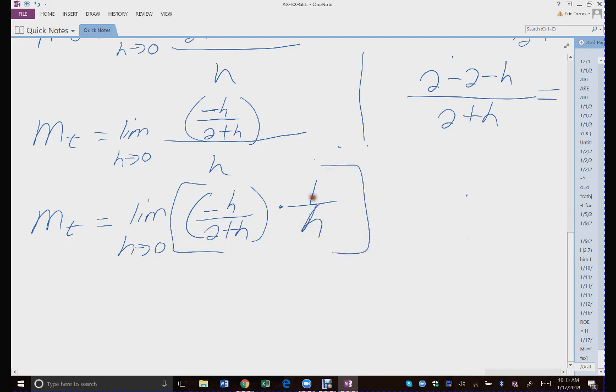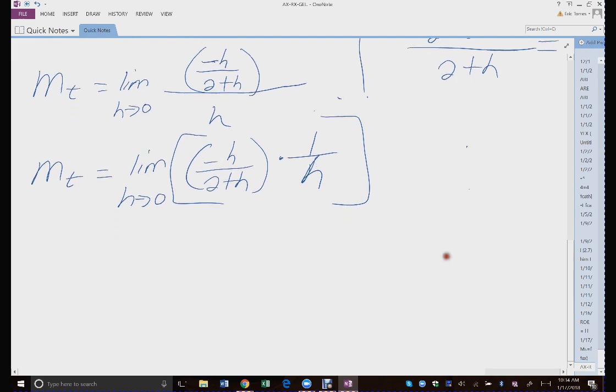So again, simple property of fractions. This reduces h on top, h on bottom, leaving me a negative 1 all over 2 plus h.